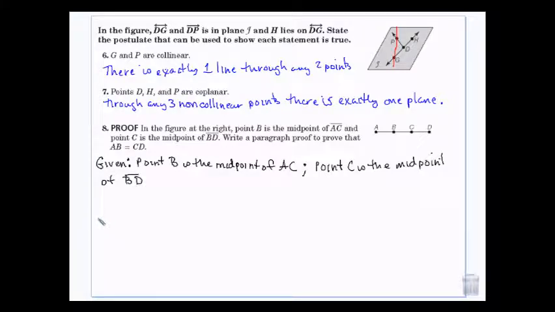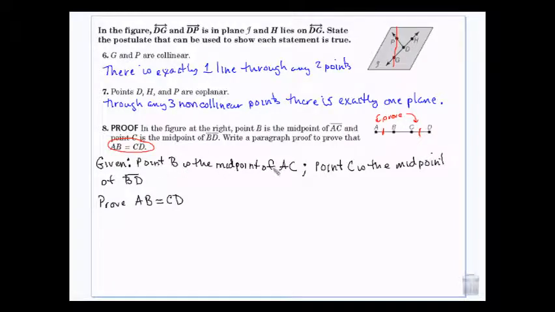Those are given. And we're trying to prove that AB is equal to CD. What we're trying to prove is that this length right here is equal to this length right here.